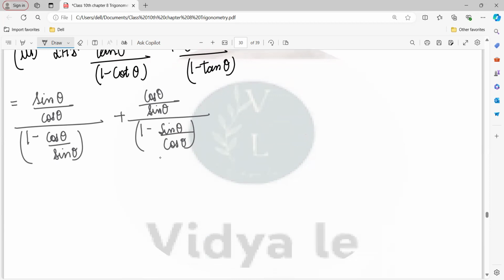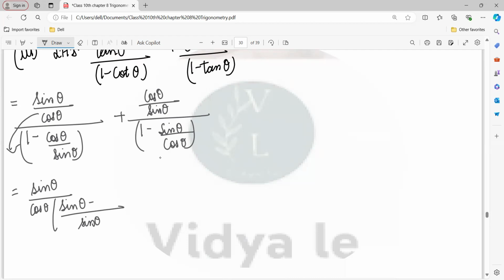Now we'll solve it, and in the denominator we'll take the LCM. So sin theta by cos theta, into this, cos theta will shift to the denominator as it is dividing. So 1 minus cos theta upon sin theta. Taking the LCM, we'll get sin theta as LCM, and 1 multiplied by LCM is sin theta.